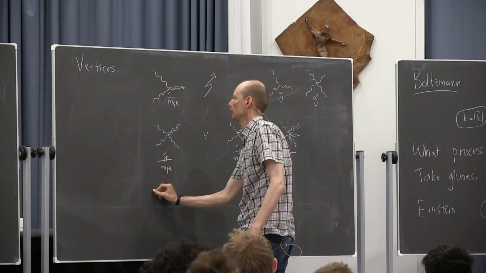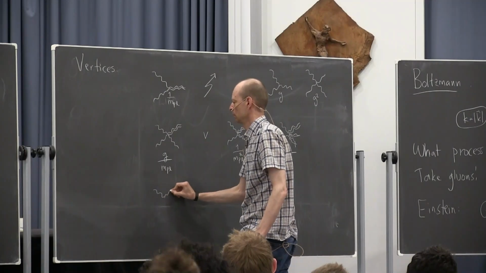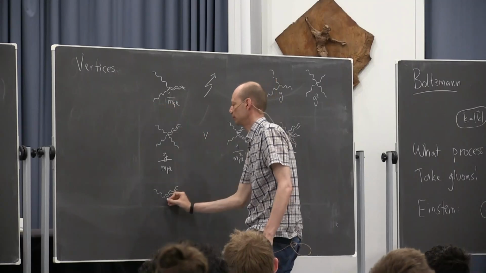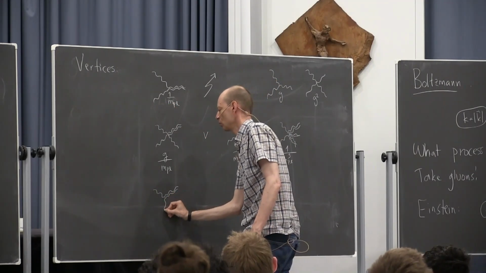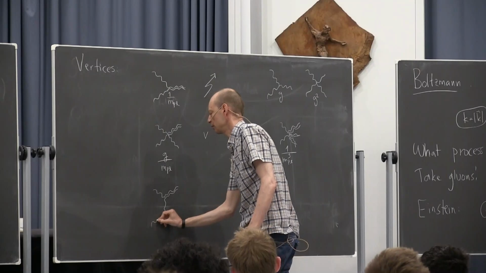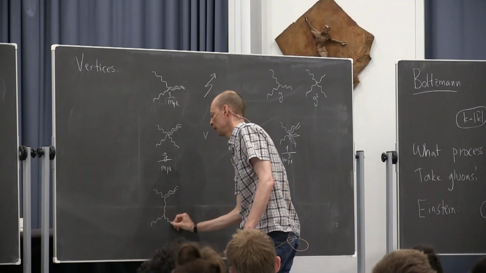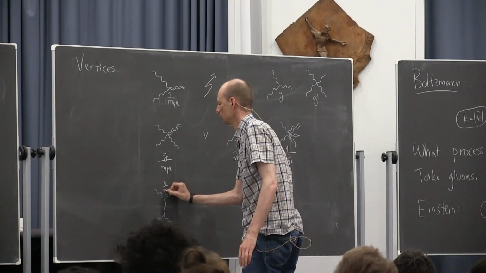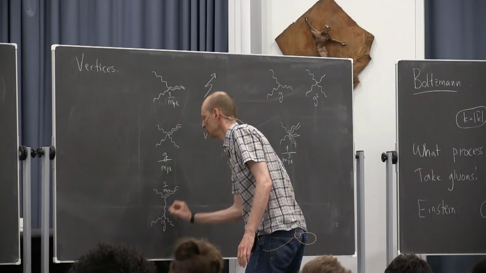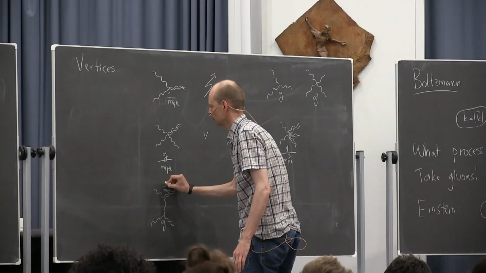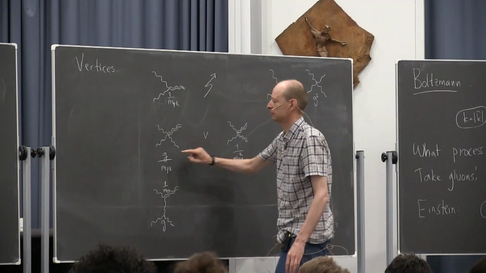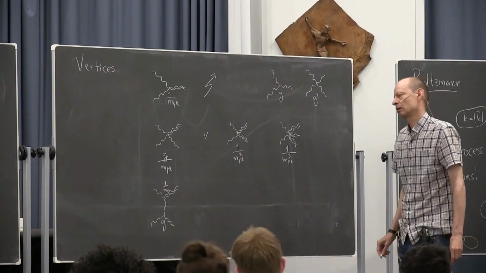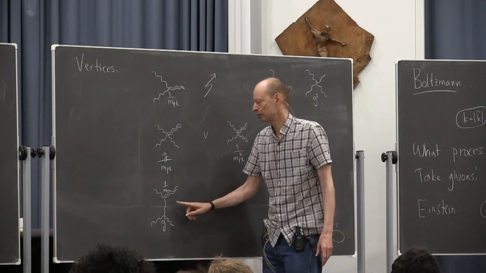Namely, we can take this diagram, but then we say that one of the gluons is not on shell, but instead it's a virtual gluon. And then we put here another vertex. And so now this vertex is 1 over Planck mass, and this vertex is G. And so in total, it's the same vertex as this one. So why would I bother doing what looks like a more complicated process?